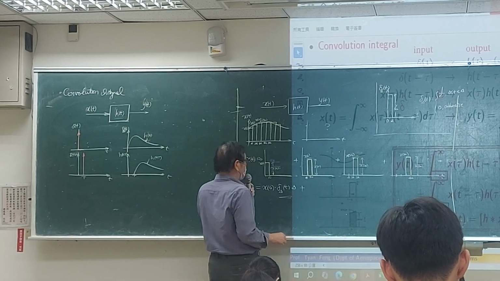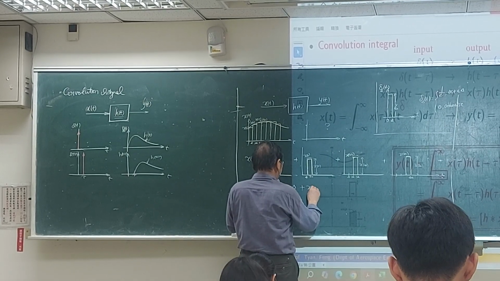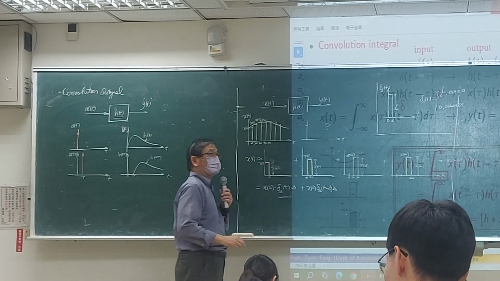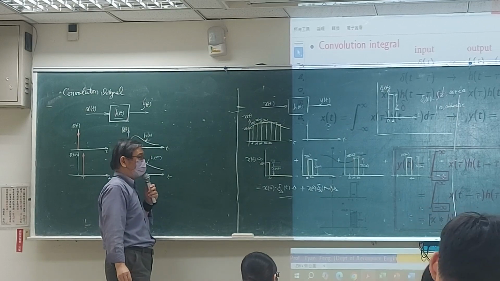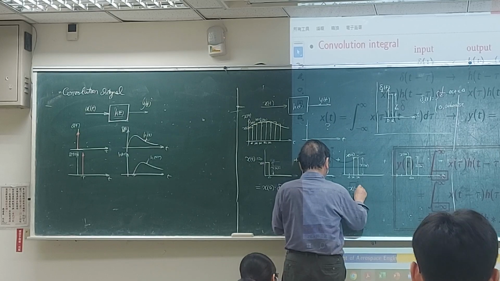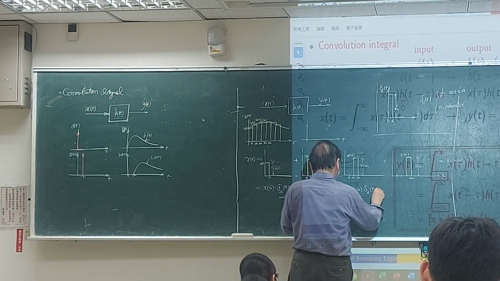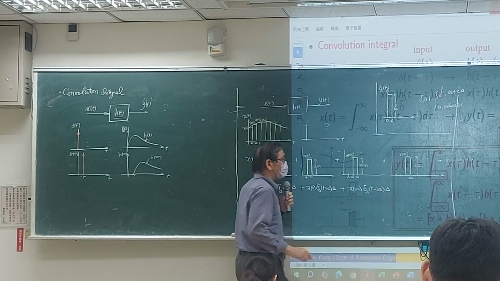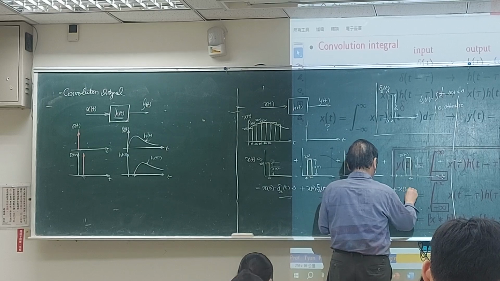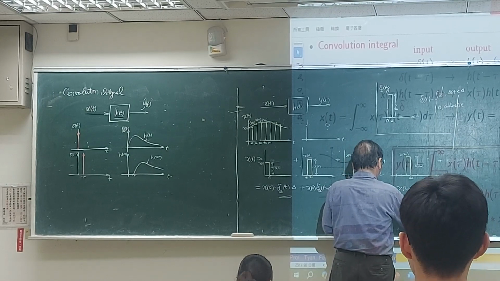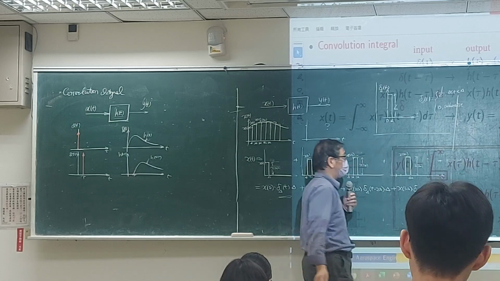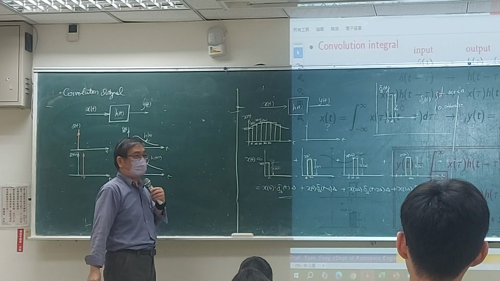The next strip can be written as x of delta times delta of t minus delta, times delta. Then the third one, t minus 2 delta, and then times delta. Then the fourth one, 3 delta, times delta of t minus 3 delta, times delta.